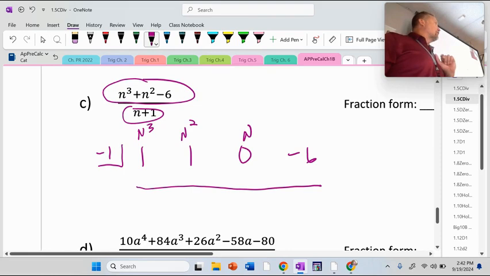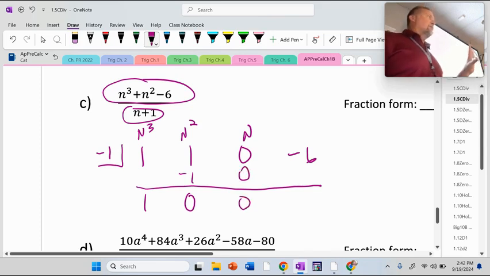And then you watch. Drop down. -1 times 1 is -1. Bring it over here. Add. Well, that's easy. Multiply. Add. I almost put a -1 there. 0 times anything is 0, right? And then -1 times 0 is 0. -6.